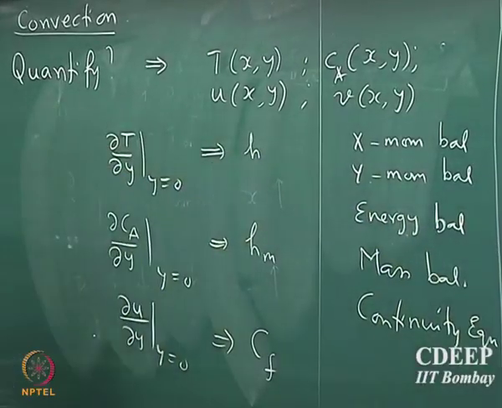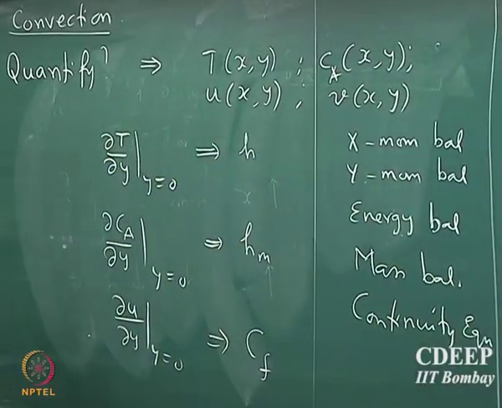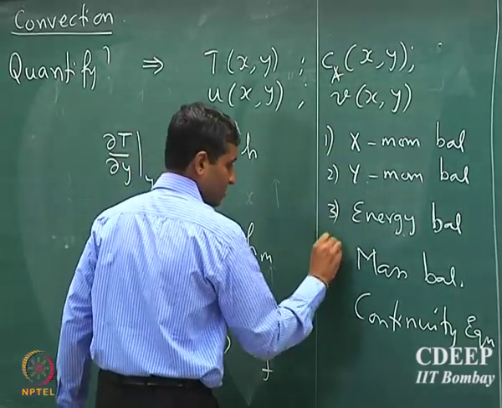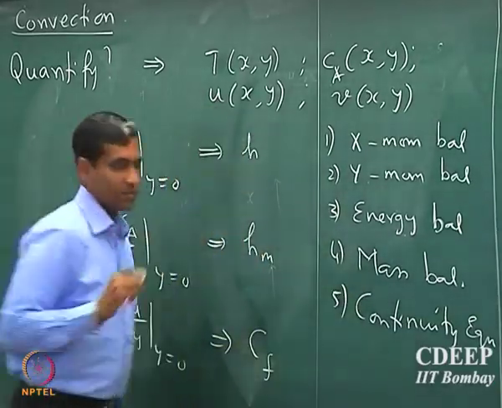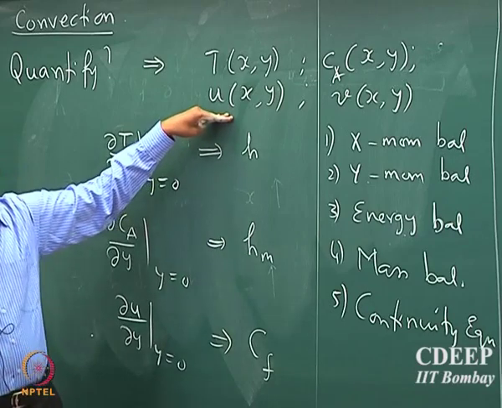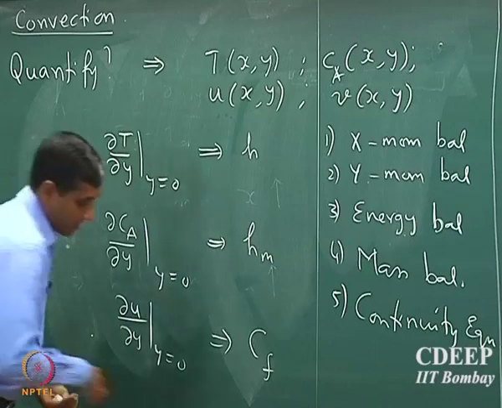So these are the 5 different pieces that we have to write. These are the equations which will capture the profiles of temperature, concentration and velocity.